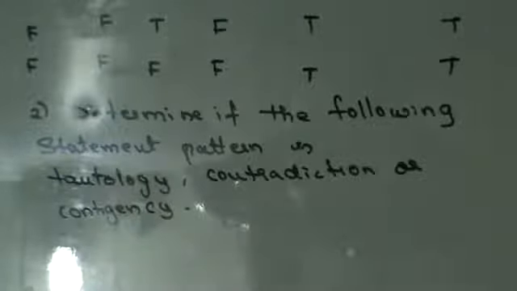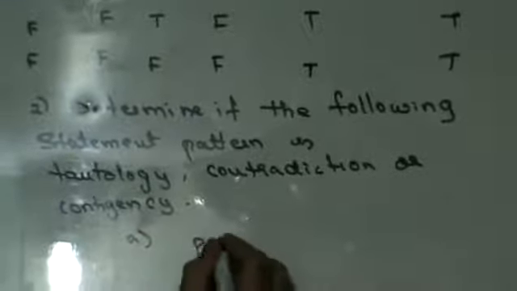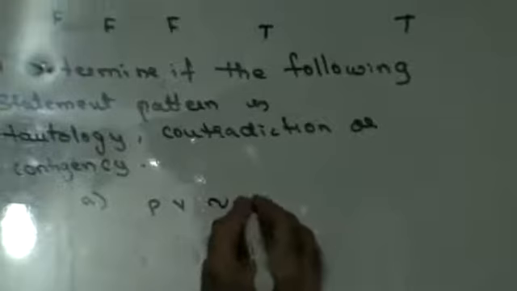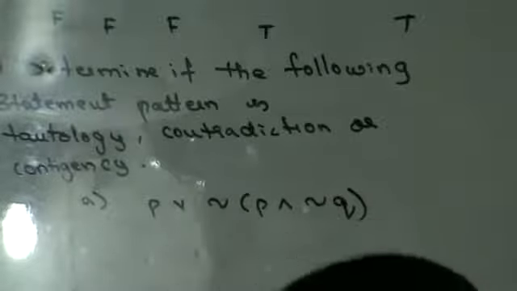Now, let's see this. They will give you a sum like this: P or not of (P and not Q). Whatever sum is given to you, you first make a truth table of it. How do I make a truth table?